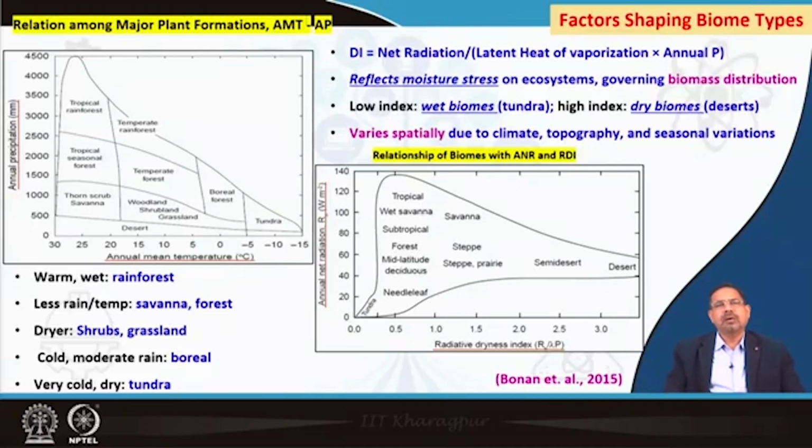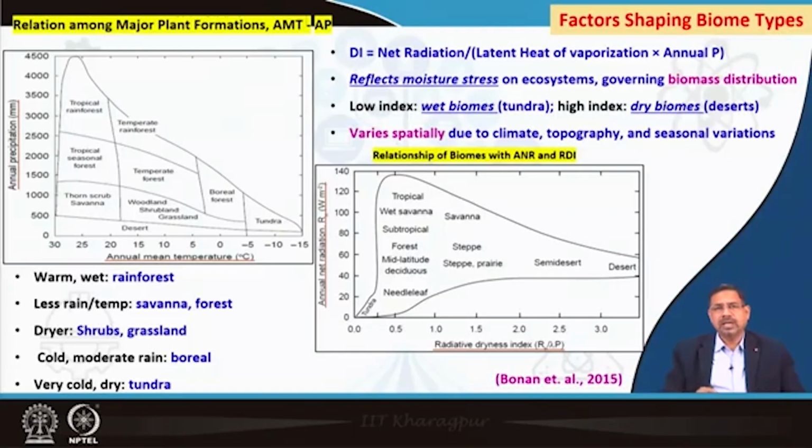Now, the DI, that is the dryness index. Dryness index can be calculated in terms of net radiation upon latent heat of evaporation times annual precipitation. This reflects the moisture stress on ecosystems governing the biomass distribution or productivity. So, low DI means wet biomes, tundra; high index means dry biomes, deserts, and it varies spatially due to climate, topography and seasonal variations.